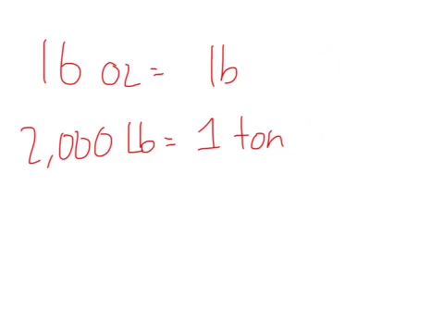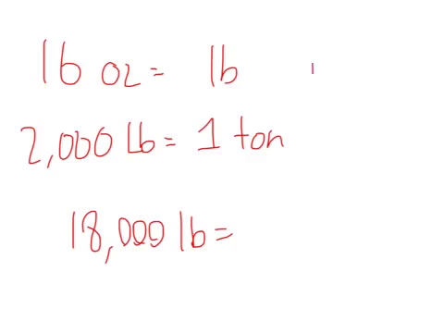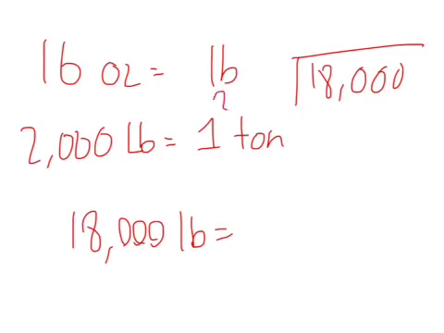Now, if you want to go backwards, what if Mr. Liu gives you the pounds? Let's say that I gave you 18,000 pounds. How many tons is that? In this case, you know there's still 2,000 pounds in a ton. So what you would do is take 18,000 and divide it by 2,000.